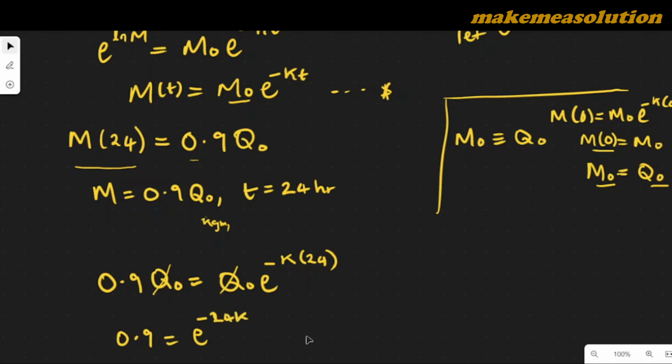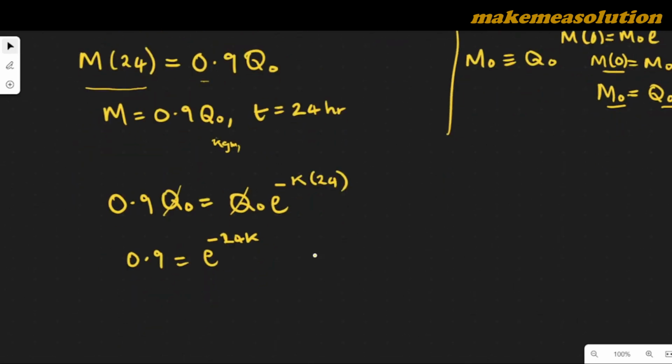Are we together? So when we take the natural logarithm of both sides, you have ln 0.9 is equal to ln exponential negative 24K.